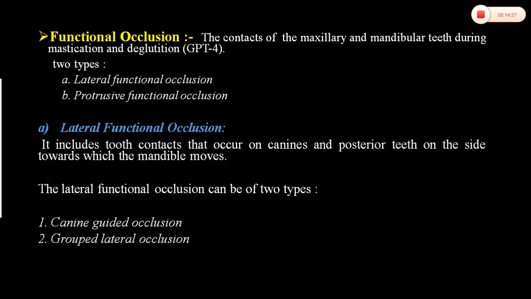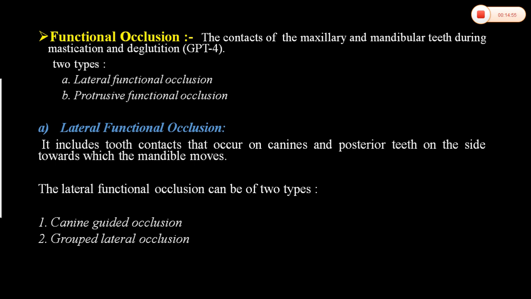So when you move the mandible towards the right, only the right side upper and lower canines are in contact and the posterior teeth are out of contact. There is a gap between the posterior teeth and only the canines are in contact. That is known as canine guided occlusion. This is seen in young individuals where teeth are not worn.